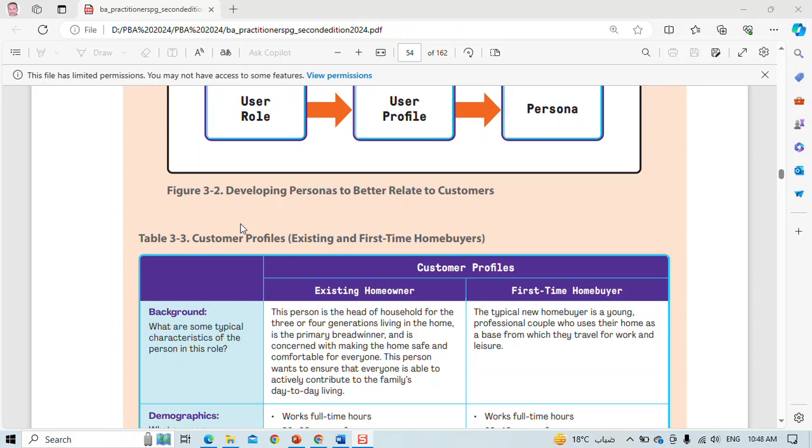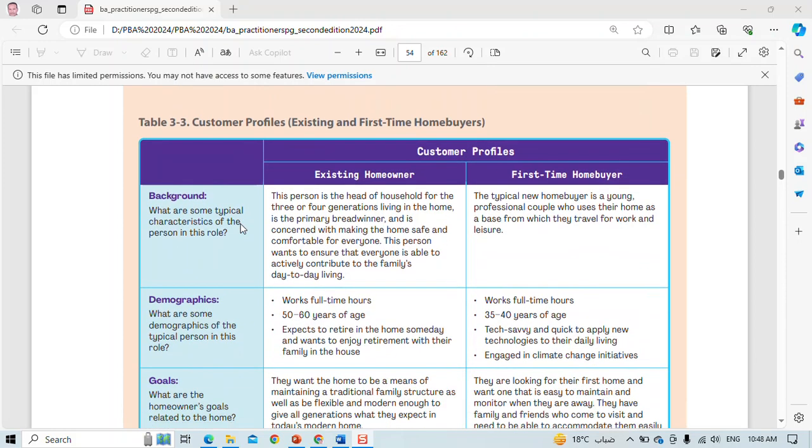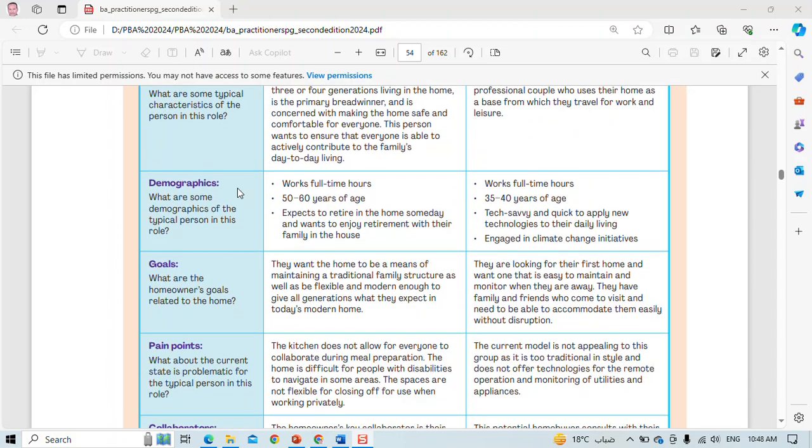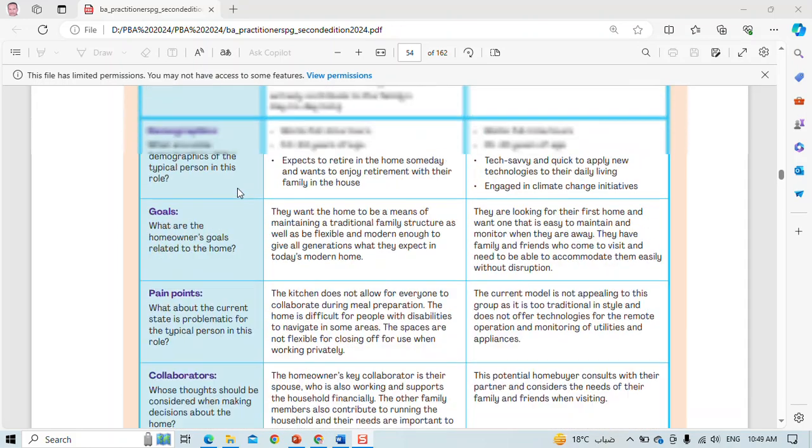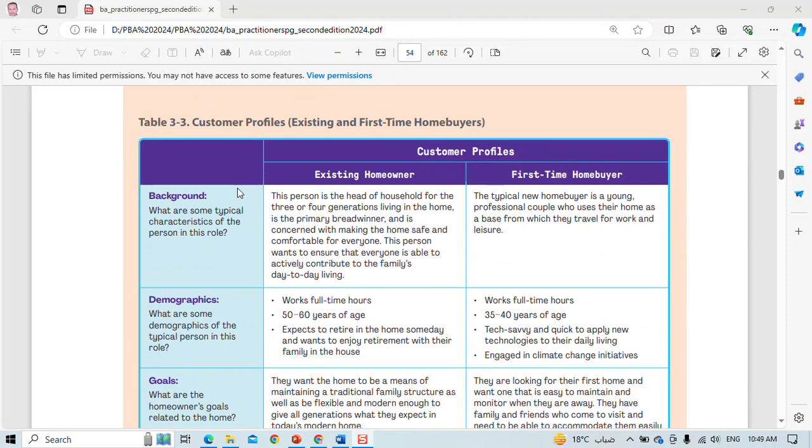They created a customer profile for the existing home buyer and for the first-time home buyer, and they divided the customer profile into background, demographics, goals, pain points, and collaborators, to illustrate the similar points between existing homeowners, and also between first-time home buyers.